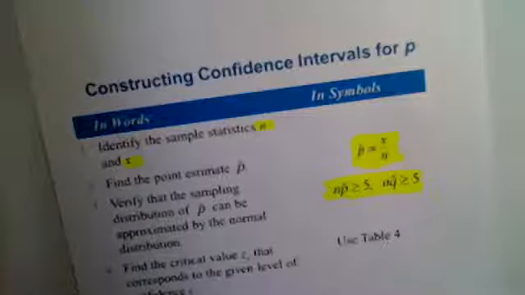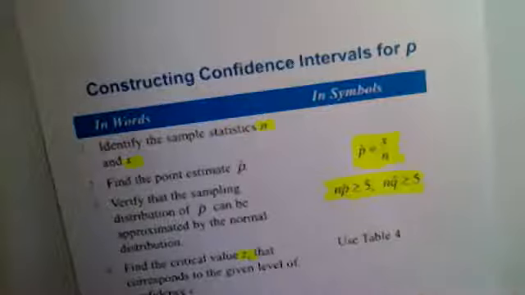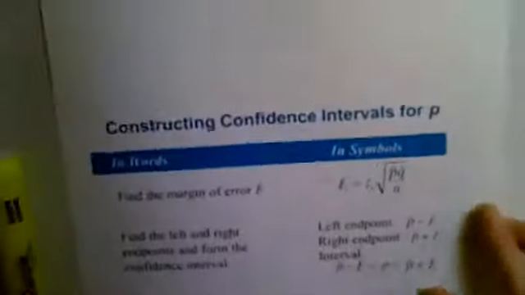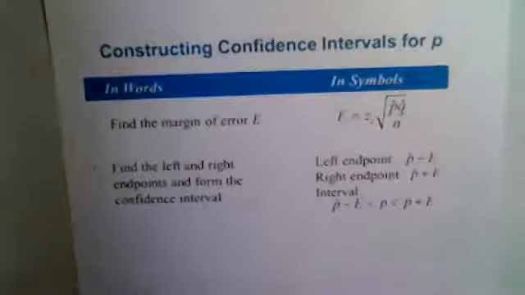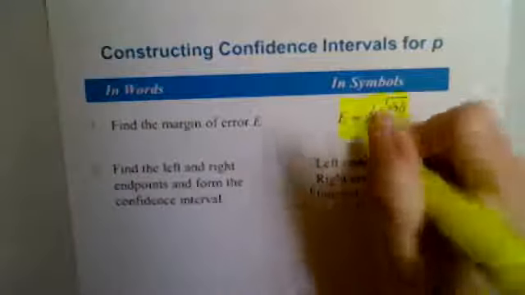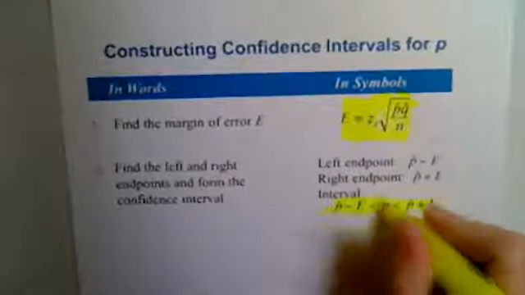Find your critical value. So you can use table 4, or remember, you can also use your calculator. It's whatever personal preference, really. Then you're going to find your margin of error using the formula that we just talked about. E equals your z-score times square root of P hat Q hat divided by N. And then you're going to find your interval.